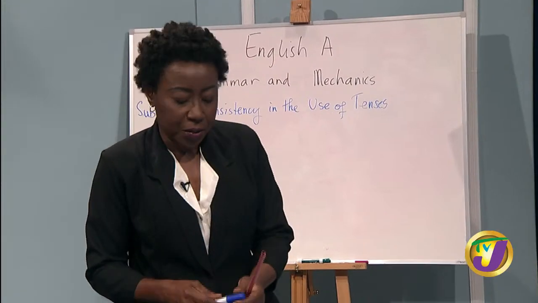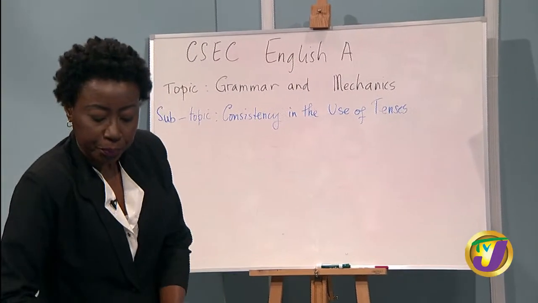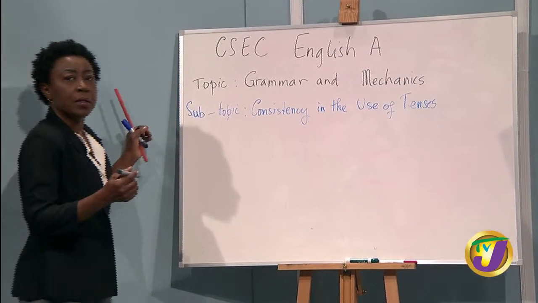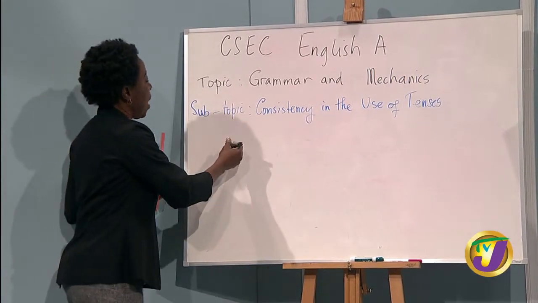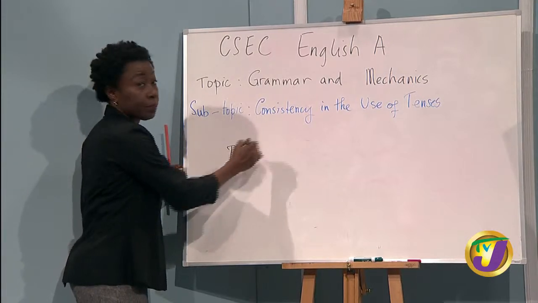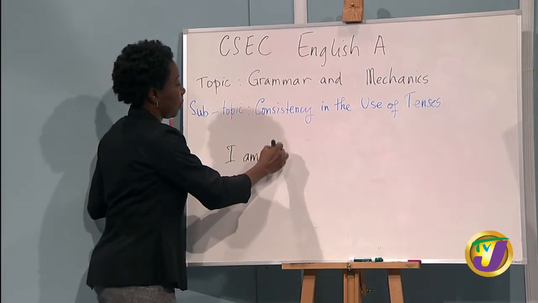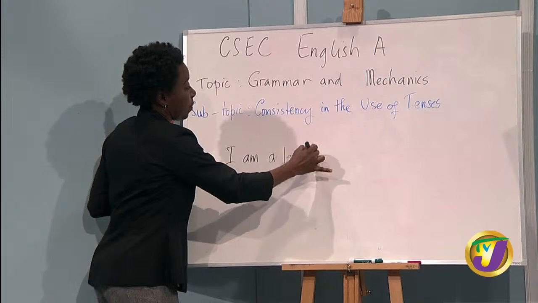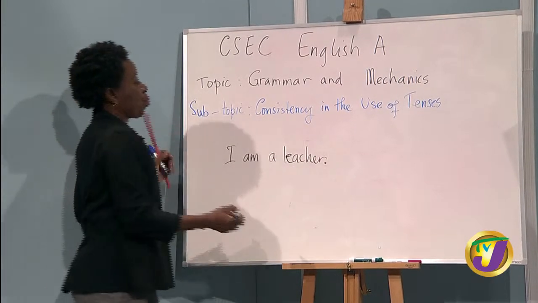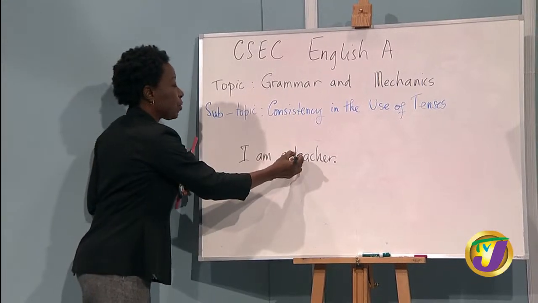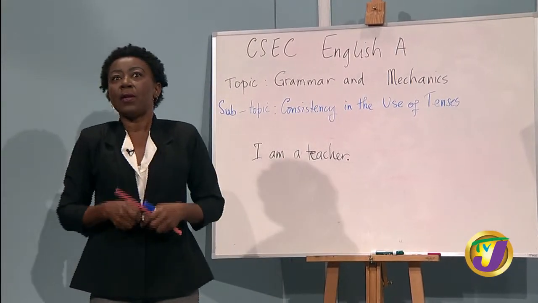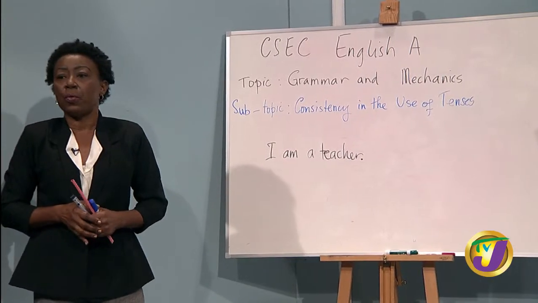I'm going to write a sentence on the board right now. And the sentence is, I am a teacher. Does that make sense? Yes, it does. I look at you and I say to you, what is a sentence?